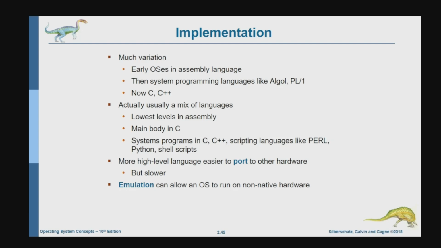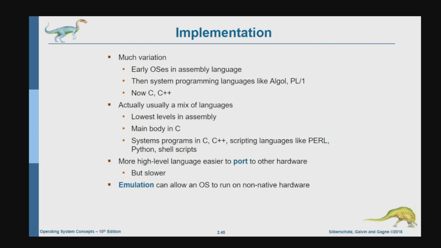Okay, we don't know. Actually, it is usually a mix of languages: the lowest level in assembly language, the main body in C, system programs in C and C++, mixed with scripting languages like Perl, Python, and shell scripts. So these are the languages used in order to create the operating system.